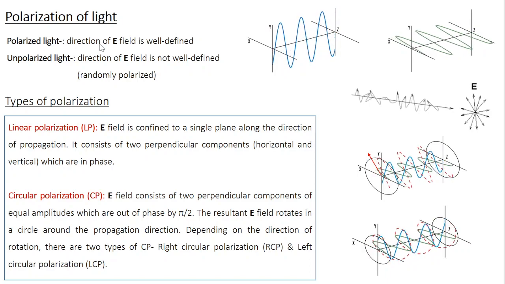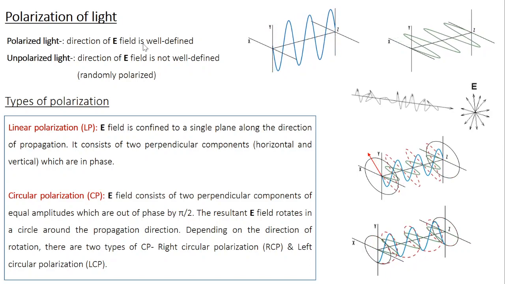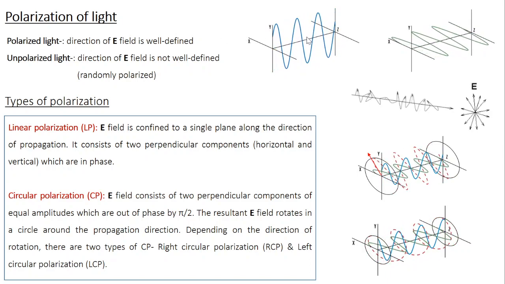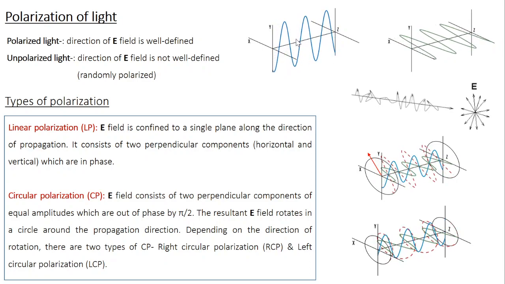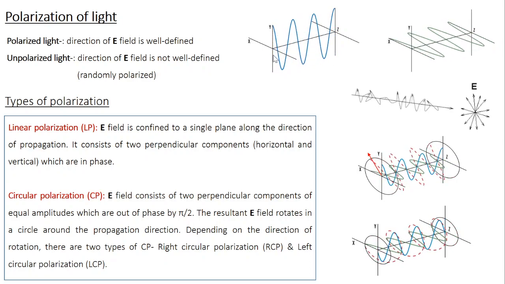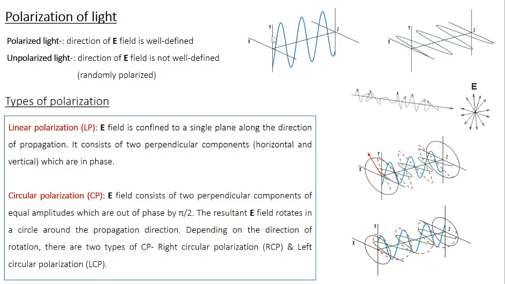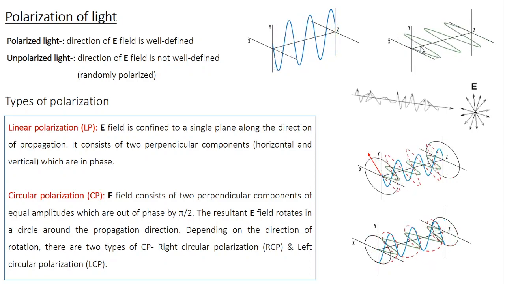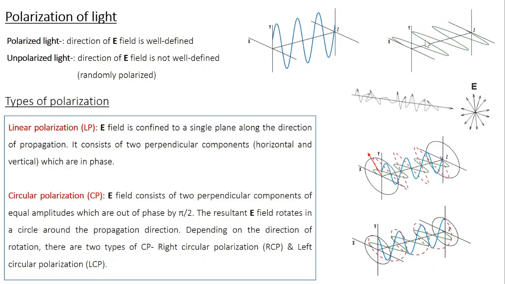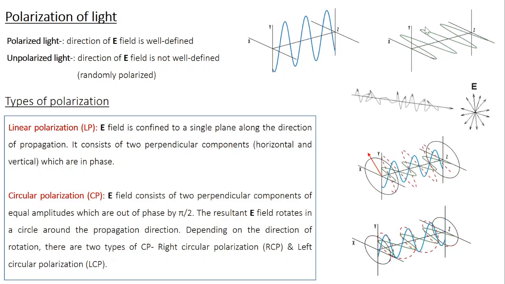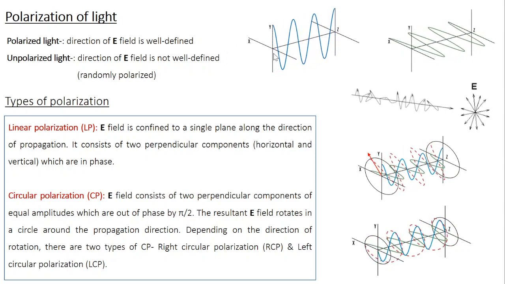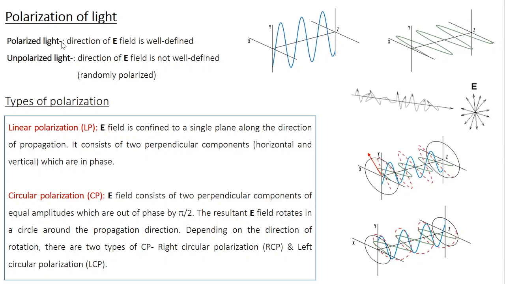In polarized light, the direction of electric field is well defined. For example, in this picture, here the electric field is consistently along the y direction, or here the electric field is consistently along the x direction. This is what I mean by a well defined direction.